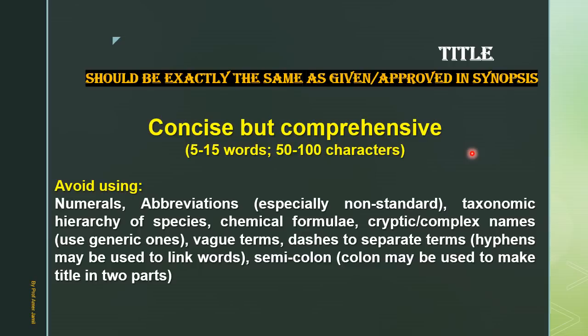Moreover, you don't have any cushion to change the title in the thesis, which is already approved during your synopsis approval. So the title you give here should be just the approved title, unless you have made some drastic changes in the title. In that case, you have to redefine your synopsis for that particular title.